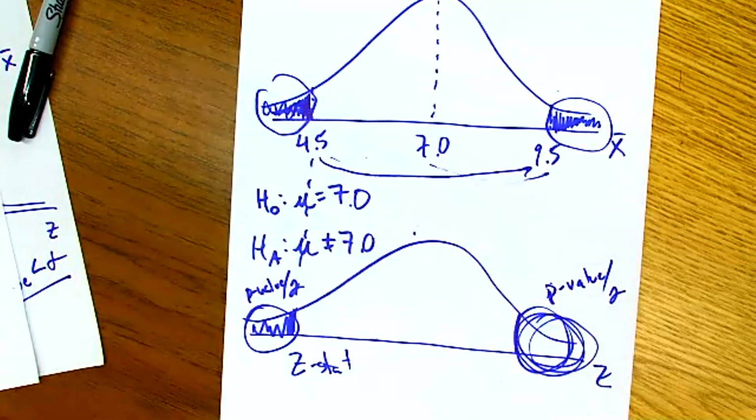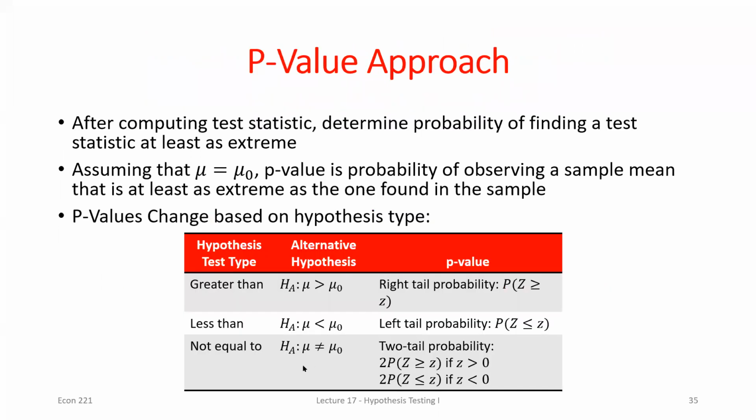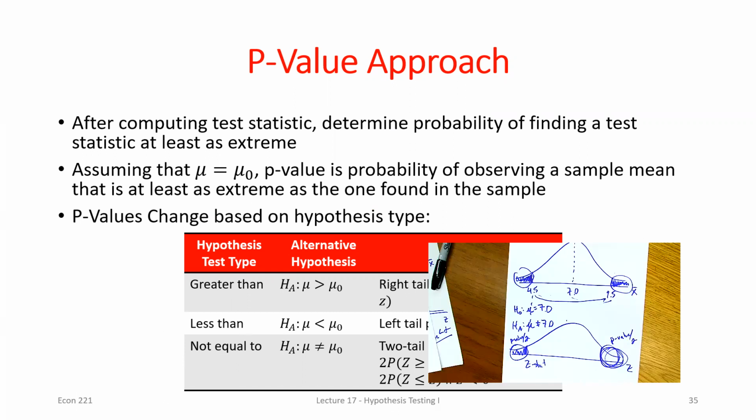So for this two-tailed test, once I find the area of seeing that test statistic or anything more extreme, and by more extreme I mean if it's negative, a larger negative value, and if it's positive, a larger positive value, I multiply it by 2, because I've got two tails, the evidence on either side of my assumed true value. If I'm saying it's equal to 7, something on either side could go against that.